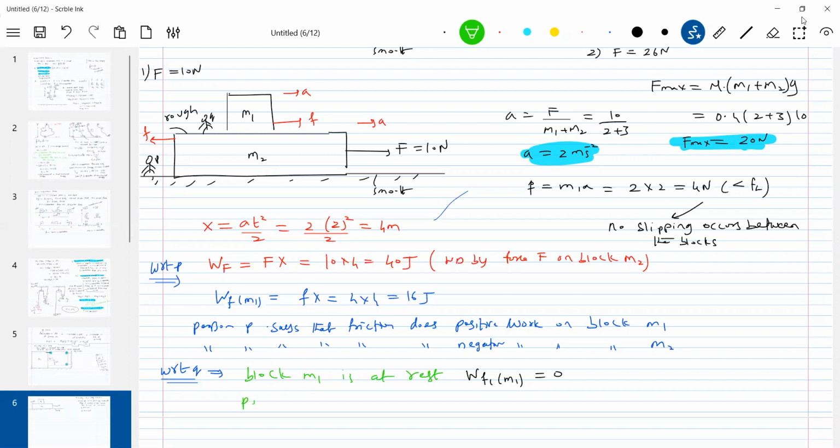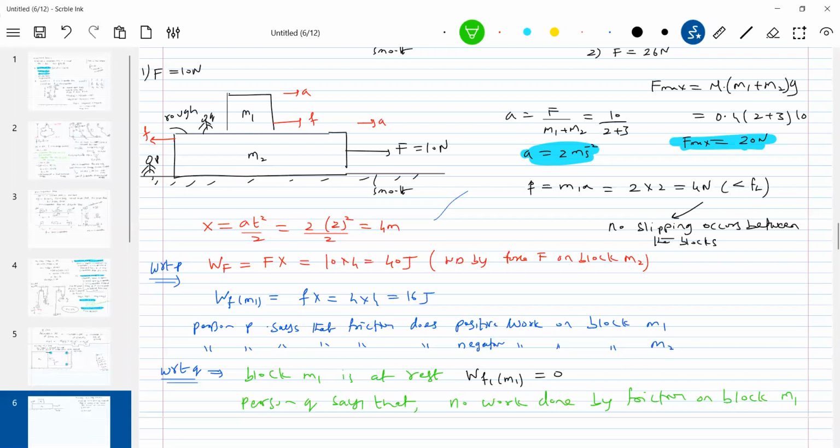Person Q says that friction does 0 work, or no work is done by the friction on the block M1.